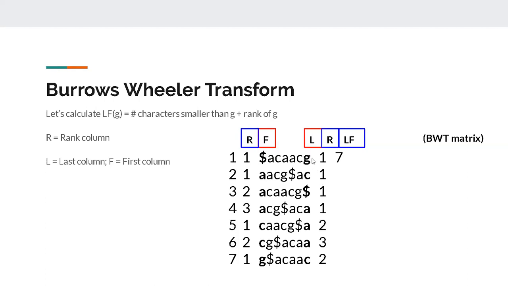Which row, if looked from the first column, will give me a G, which I am encountering in the last column?